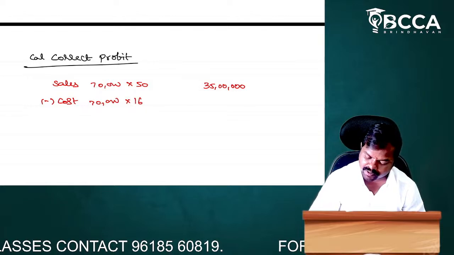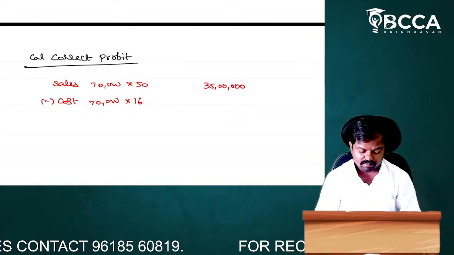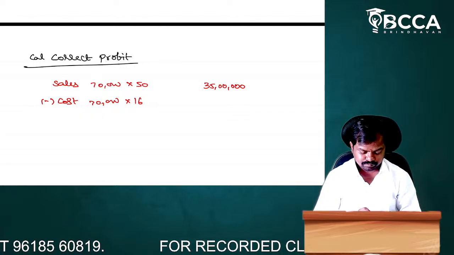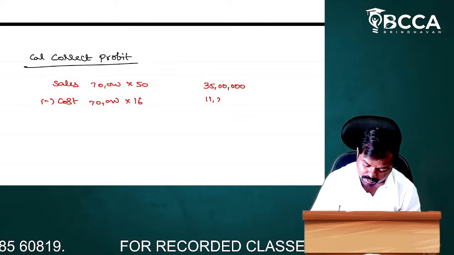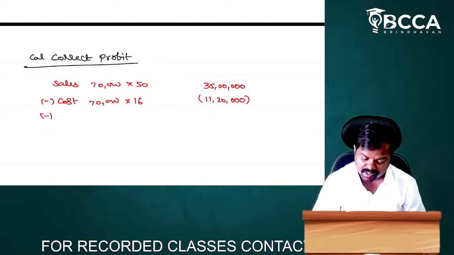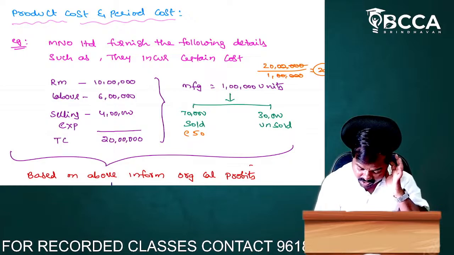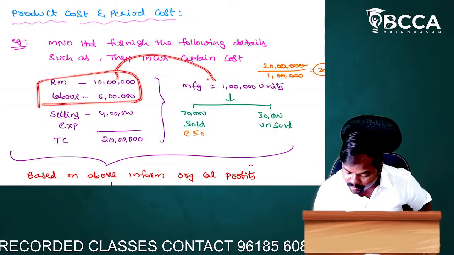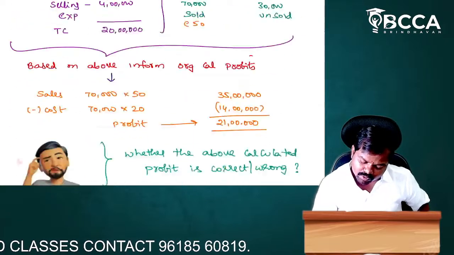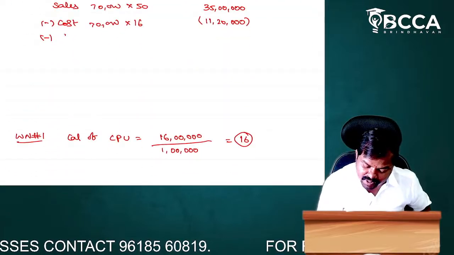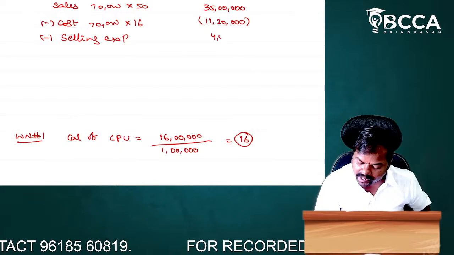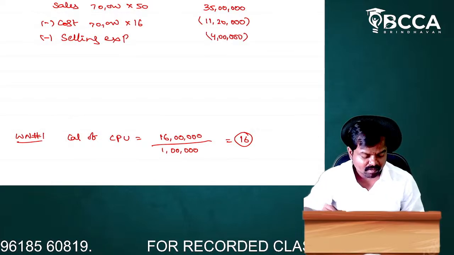70,000 into 16. Please take the calculator. 11,20,000 is the answer we got. Clear? Sir, if you observe, this cost is incurred for 1 lakh units, and this cost is incurred for sold units. So we have to record the entire cost minus selling expense, which is 4 lakh.